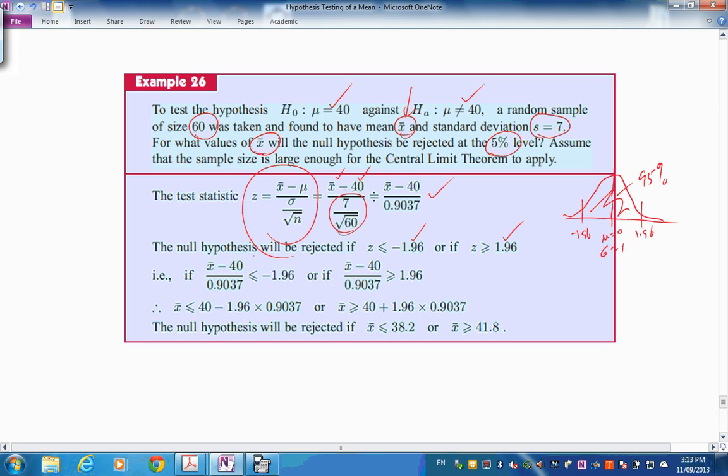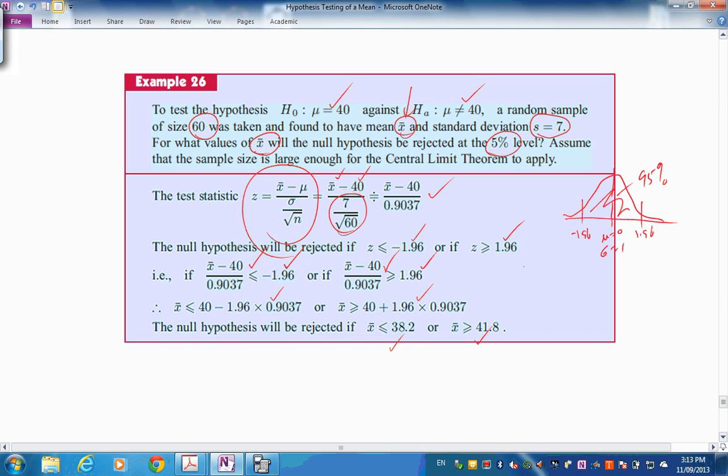Okay, so let's work it out. x bar minus 40 over the standard error being less than or equal to negative 1.96, it'll be rejected, or greater than or equal to 1.96. So multiplying that across, adding 40, these two values say x bar must be less than or equal to 38.2 or greater than or equal to 41.8.